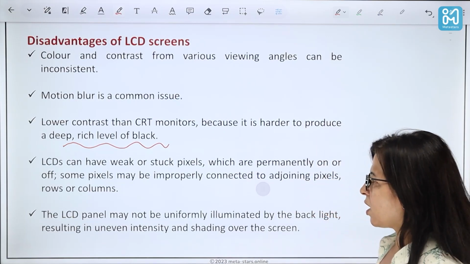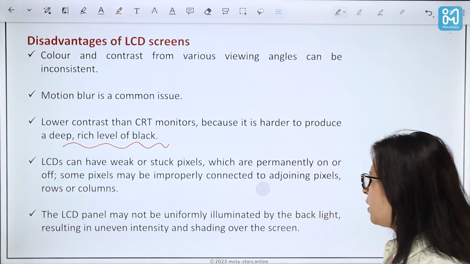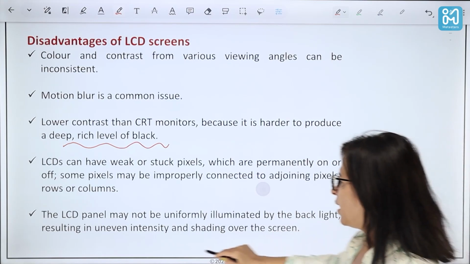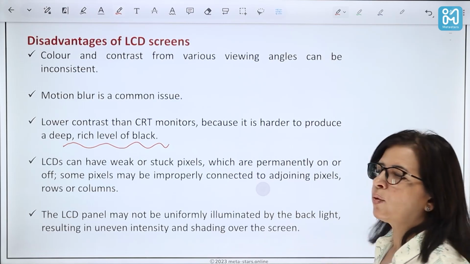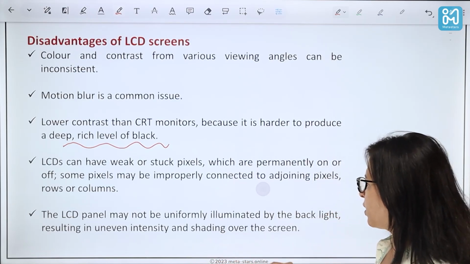The LCD panel may not be uniformly illuminated by the backlight, resulting in uneven intensity and shading over the screen. I will show what this means.